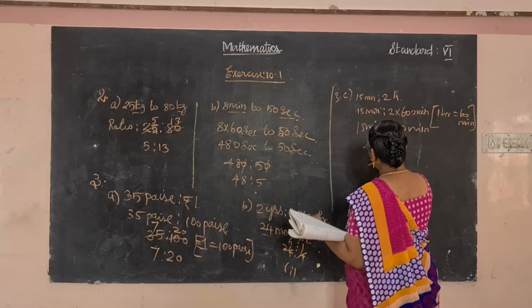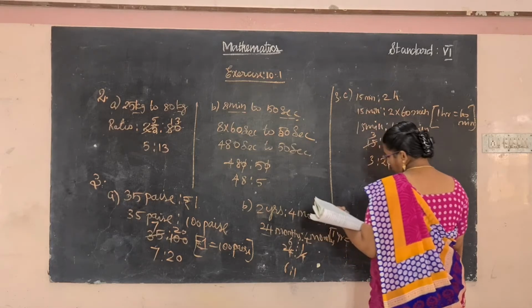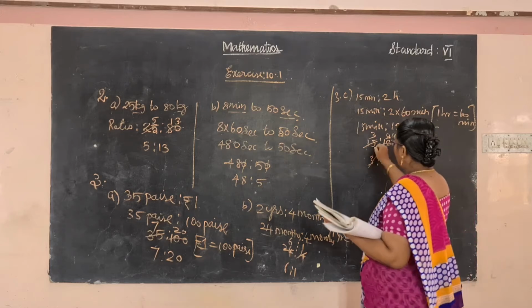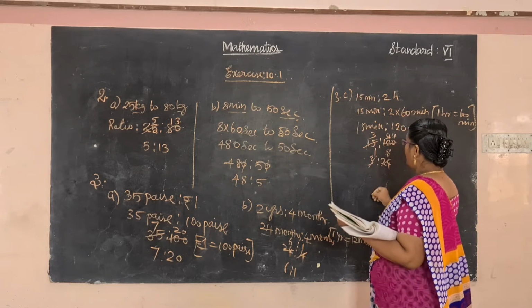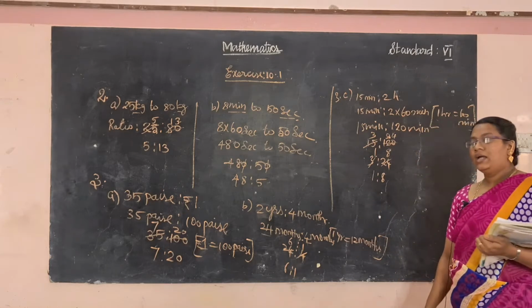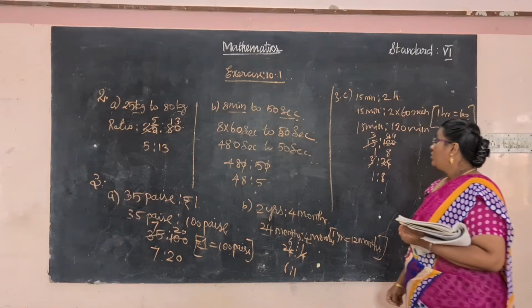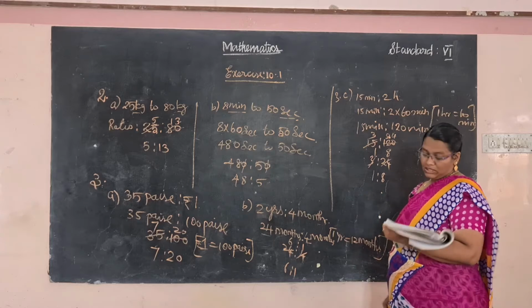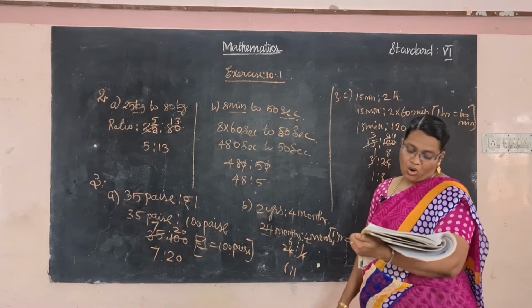So 3 is to 24. It also cancels. 3 1s are 3, 3 8s are 24. So 1 is to 8. So the ratio for this problem is 1 is to 8. The remaining 2 problems are homework.